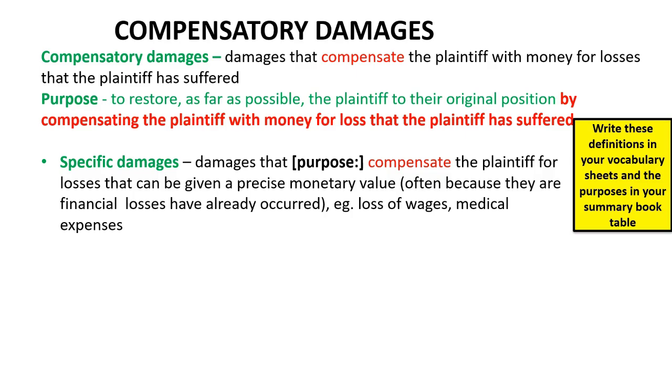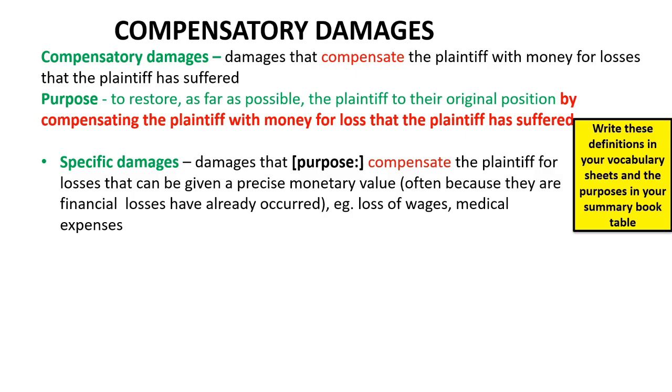Now, remember that the overarching purpose of civil remedies is to return the plaintiff as far as possible to their original position. Well, specific damages achieve this purpose perfectly. That is because they provide dollar-for-dollar compensation for losses that can be given a precise monetary value. That is, they replace money with money.